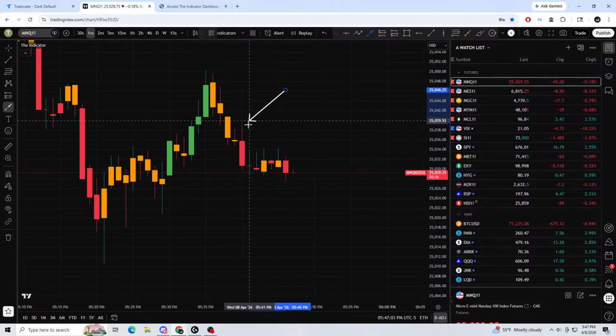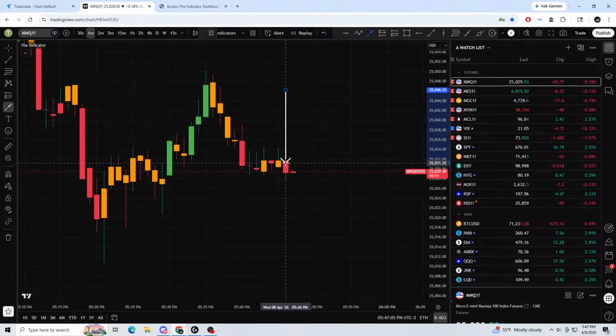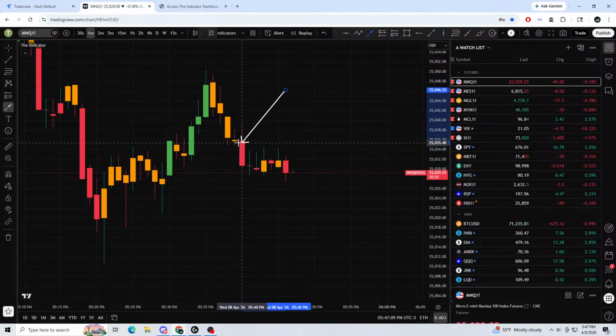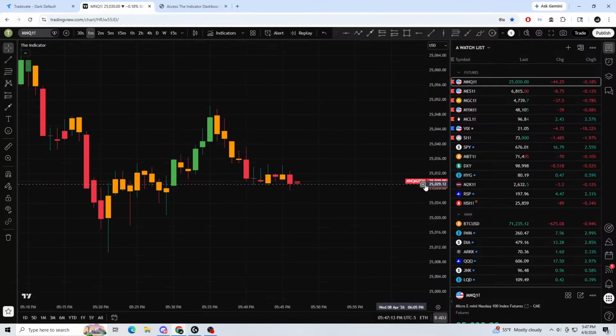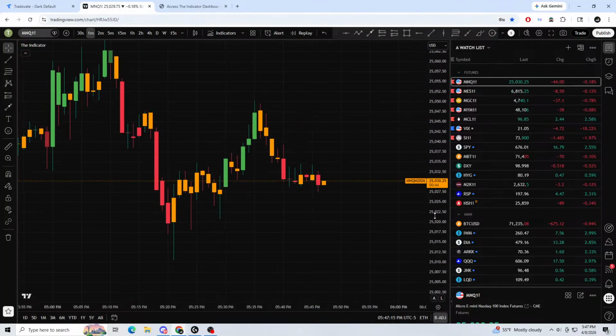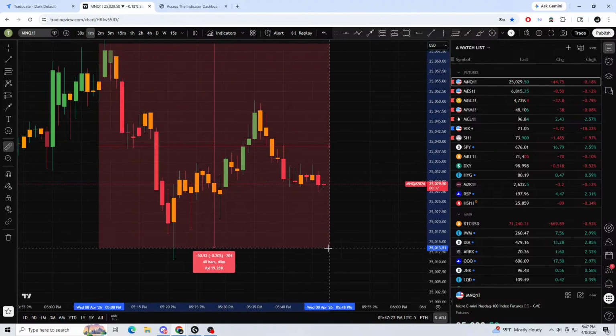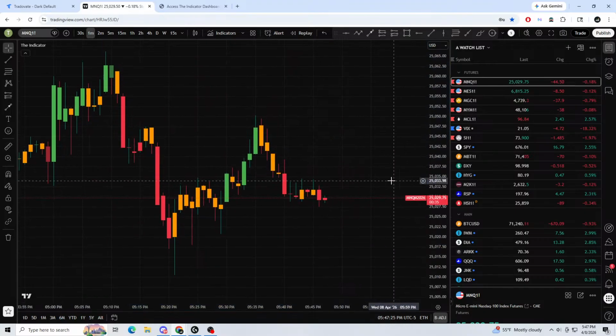We are seeing weakness, but we've only gone down like 6 points from when it said we're going to be weak. So very slow markets right now. We're 47 minutes in and we haven't even moved 50 points.